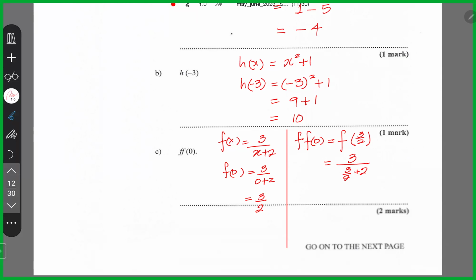Well, 3 over 2 is 1.5. 1.5 plus 2 is actually 3.5, which is 7 over 2. And 2 is the same as saying 4 over 2.